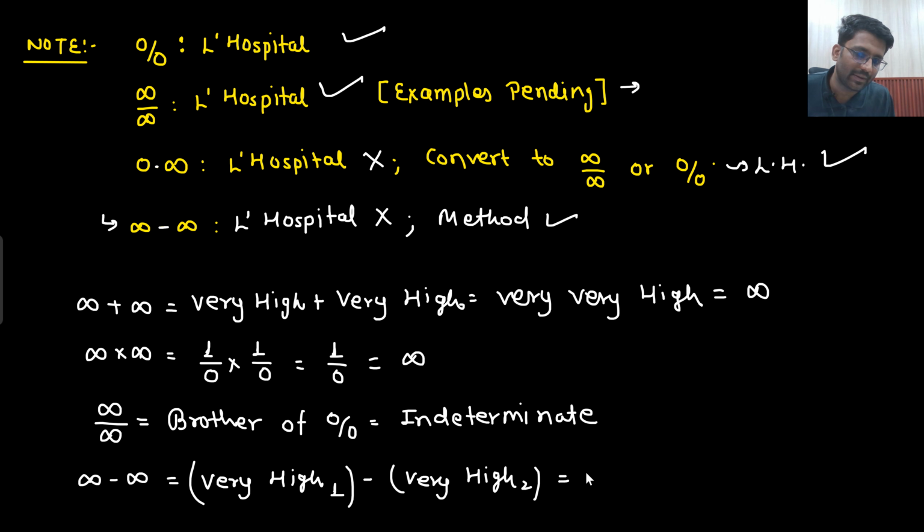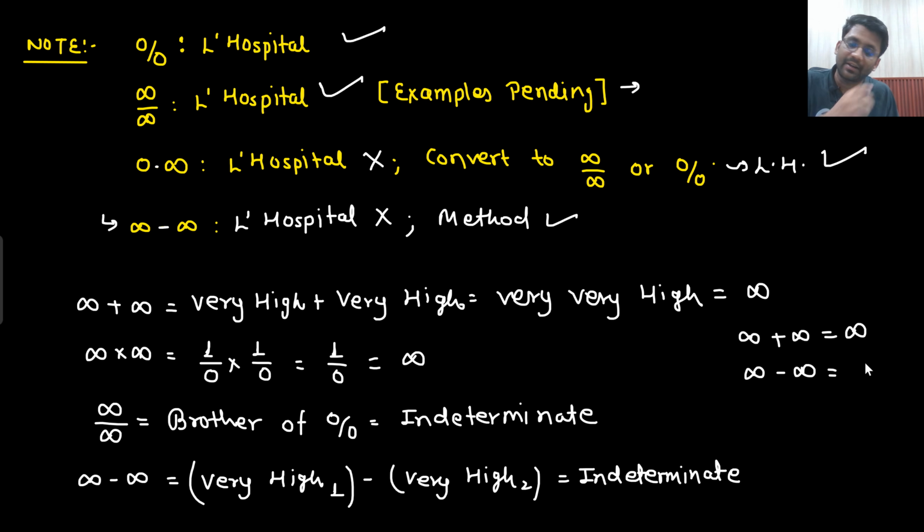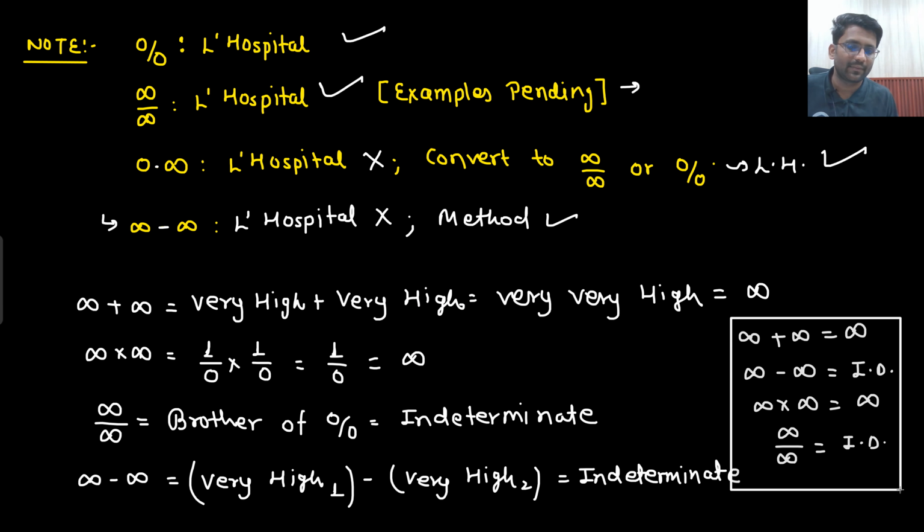That means this is the indeterminate form. So all 4 operations if we do: first one was addition, infinite plus infinite, infinite. Then subtraction, it is indeterminate. Then multiplication, infinite into infinite, that is infinite. And then division, this is also indeterminate. Will that be easy for you to remember?